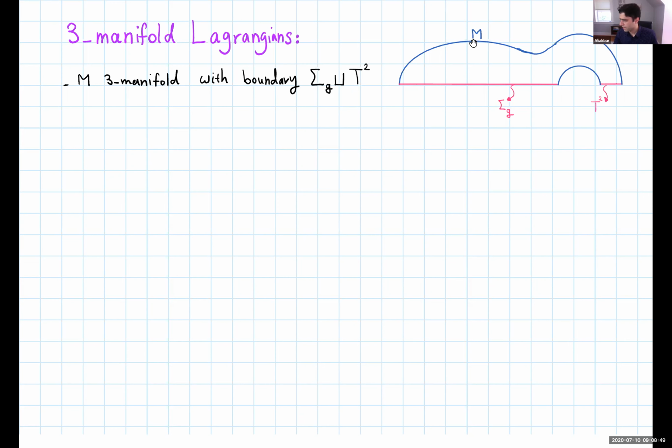We require the boundary of M to be our surface sigma g, and we also add another connected component in the boundary because of the next condition: I'm going to require a path which goes from the base puncture inside sigma g to a puncture inside T2.